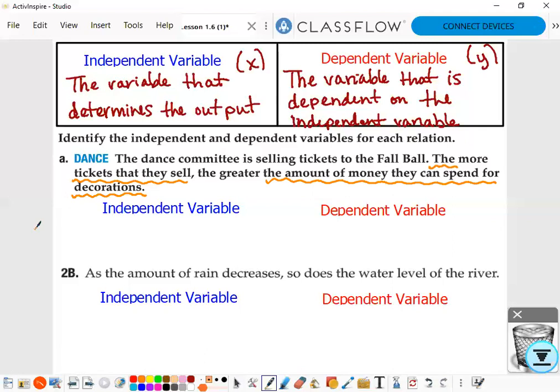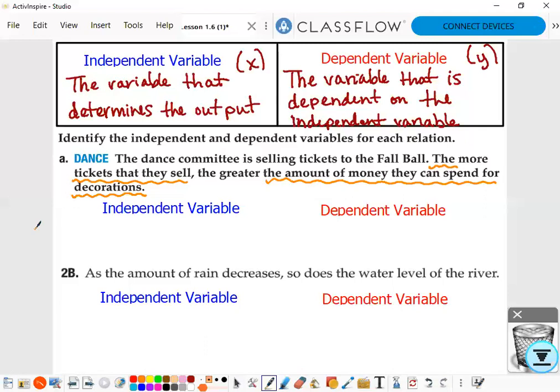The other possibility is if we flip it the other way around, they go to the store, they don't know how much money they actually have to spend on decorations, but they spend a bunch of money anyway, and then they try to sell the tickets and make up all that money they spent. That's a little bit worse, right? That wouldn't make as much sense. So for that reason, seems like they're selling the tickets first.